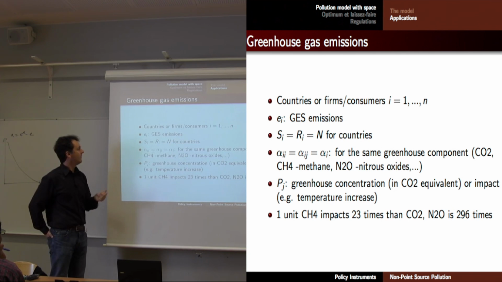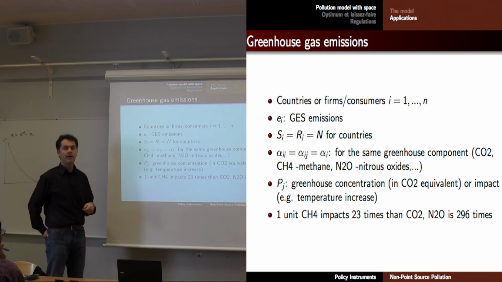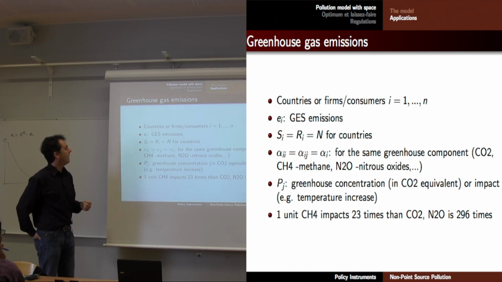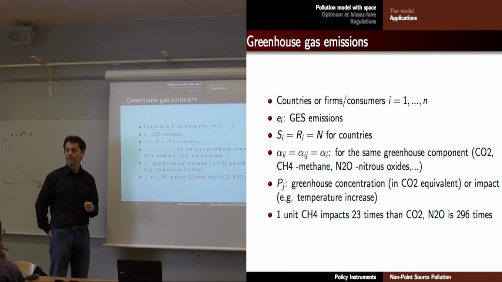Okay. So that's why the source of pollution, the CO2 concentration, let's say, that ends up in Sweden is the world. Sweden is impacted as much by CO2 emission in Japan as in Norway, for instance. And that's also why the transfer coefficients are equal.